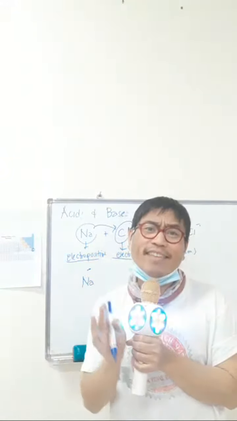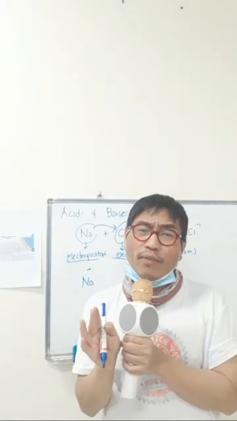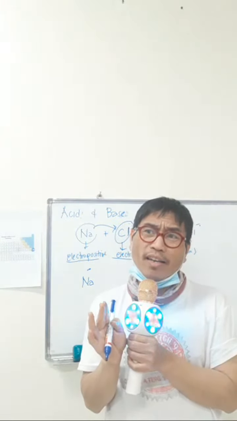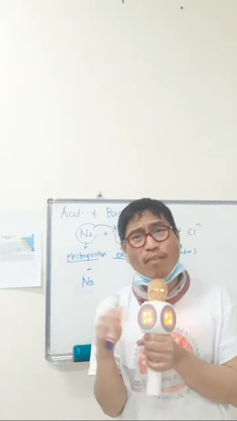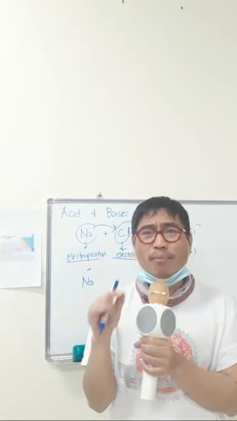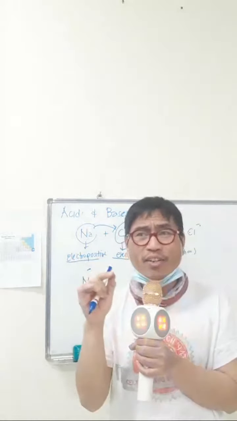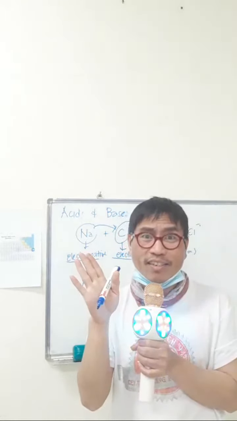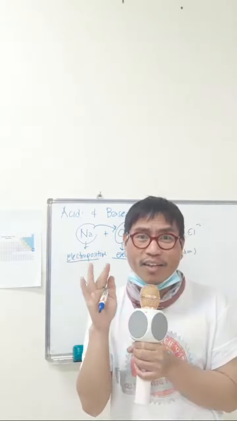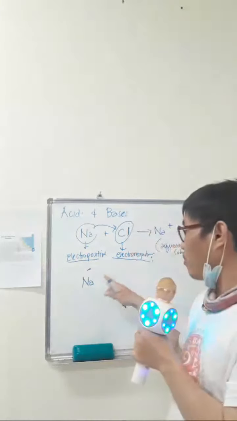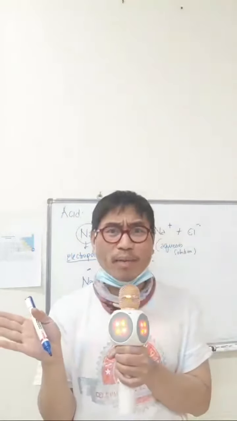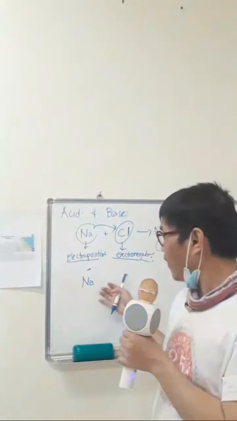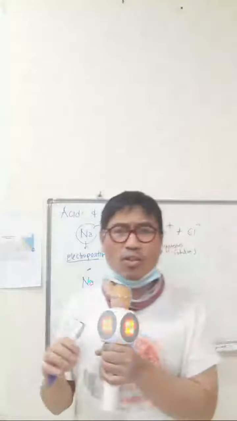But in this case, be careful, because if there is only one, this is also the magic sometimes of chemistry. This sodium is not having too many electrons, as you can see here.